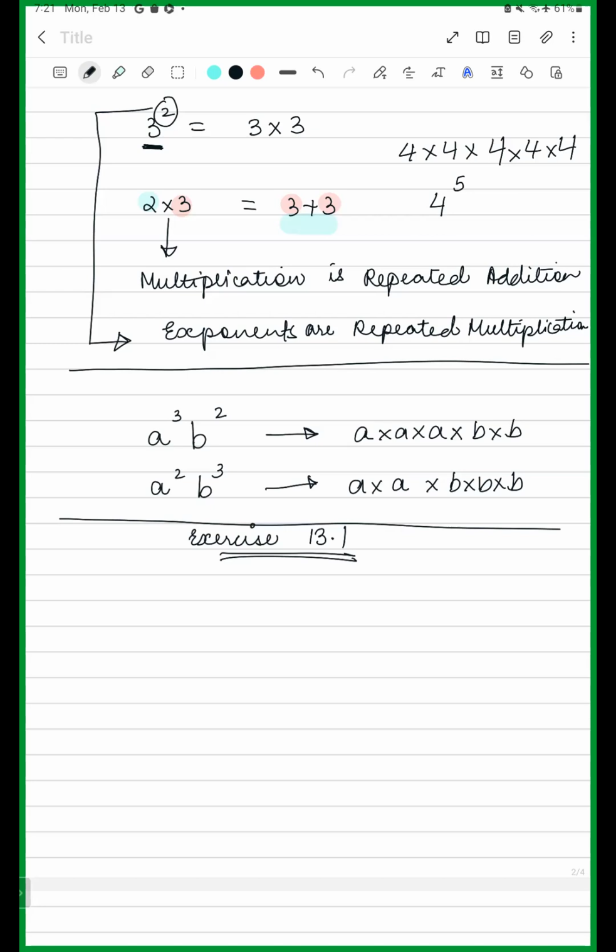Yeah, sure. It's 4, 5, and 8. Okay, 4, 5, and 8 is cancelled.